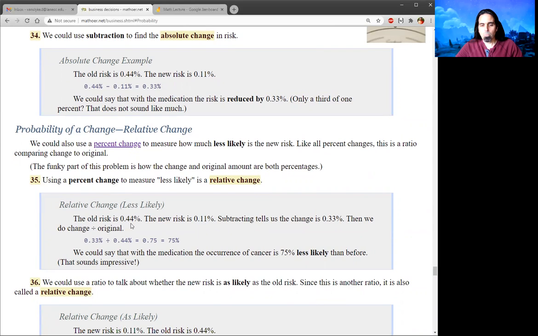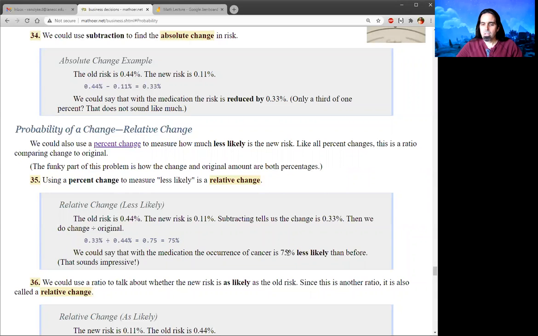The old risk was 0.44%. The new risk is 0.11%. We just subtracted up here. So the change in change divided by original is the 0.33%. So change divided by original.